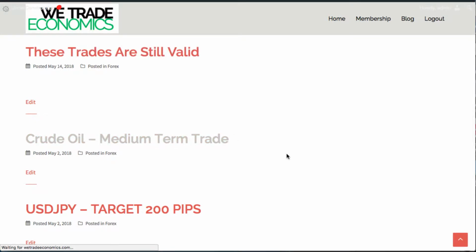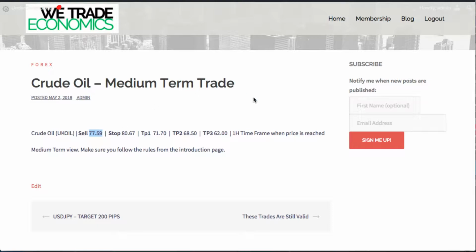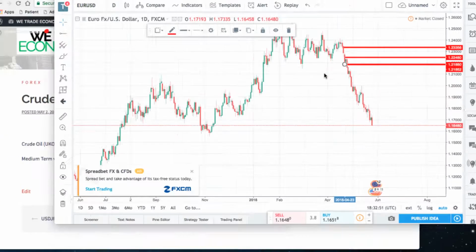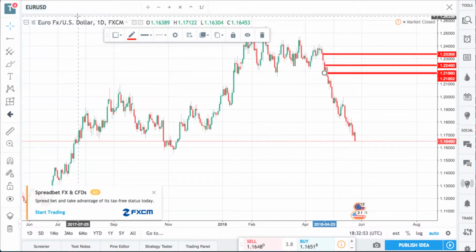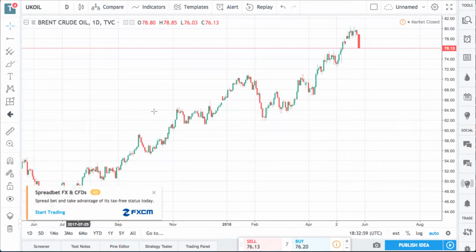Crude oil, minimum term time frame. UK oil, crude oil, Brent crude.